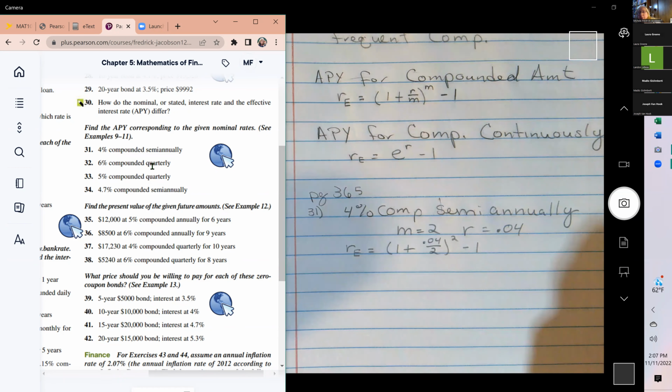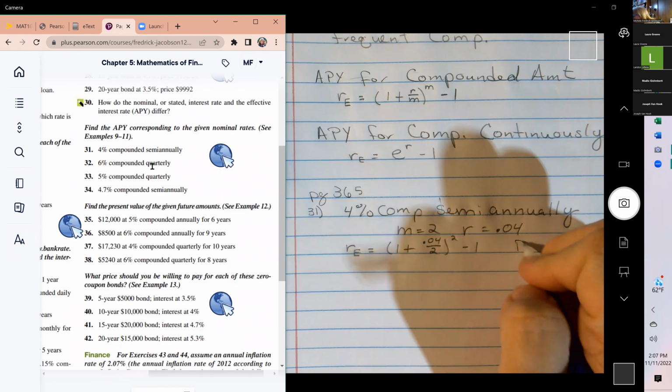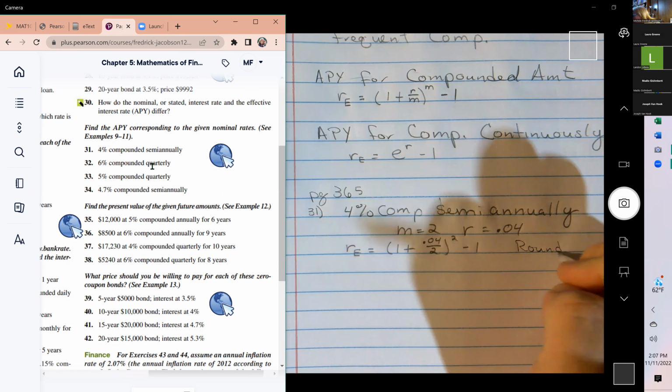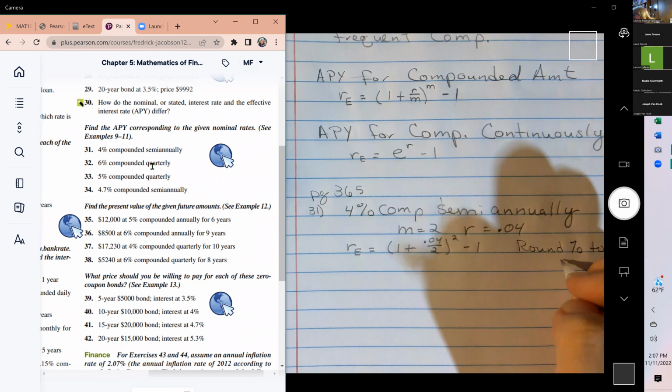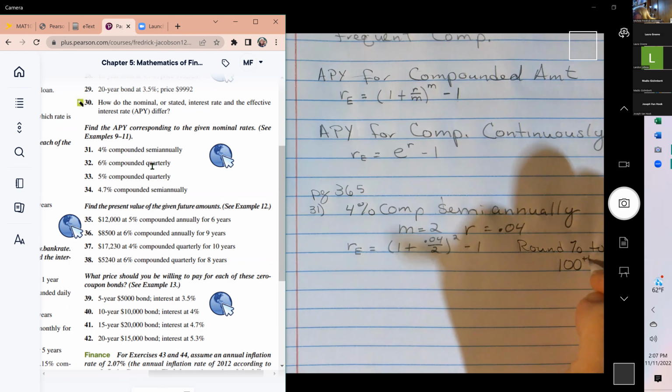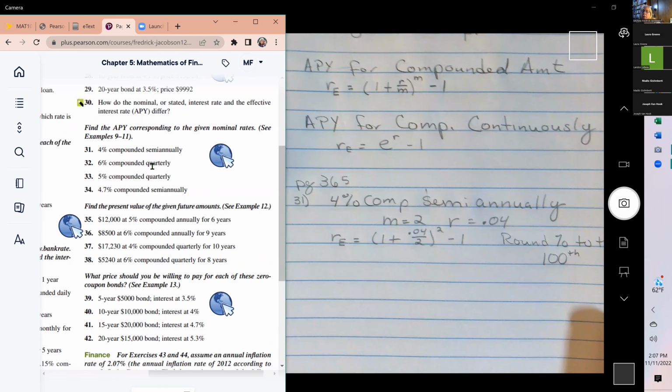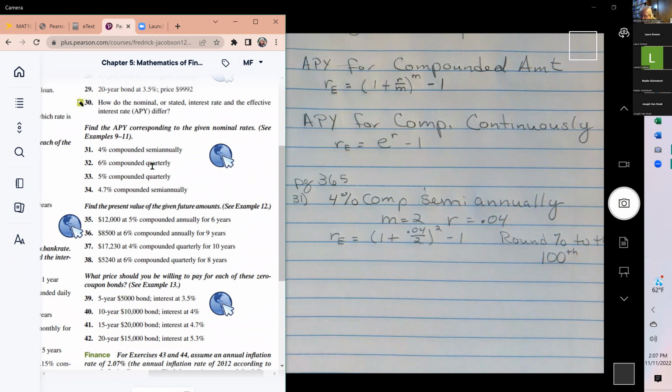It doesn't say what to round to, so we will round the percent to the 100th. Oh, we don't have to round this one.